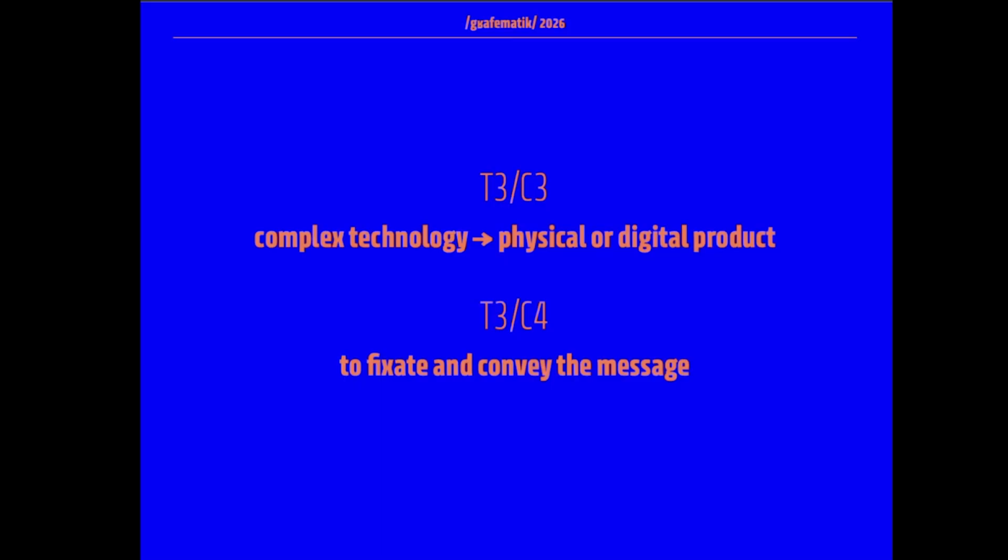I put Rudolf Arnheim. Item 3, using a complex technology in order to create a digital or physical product. And item 4, to fixate and convey the content so that it can be read and interpreted.